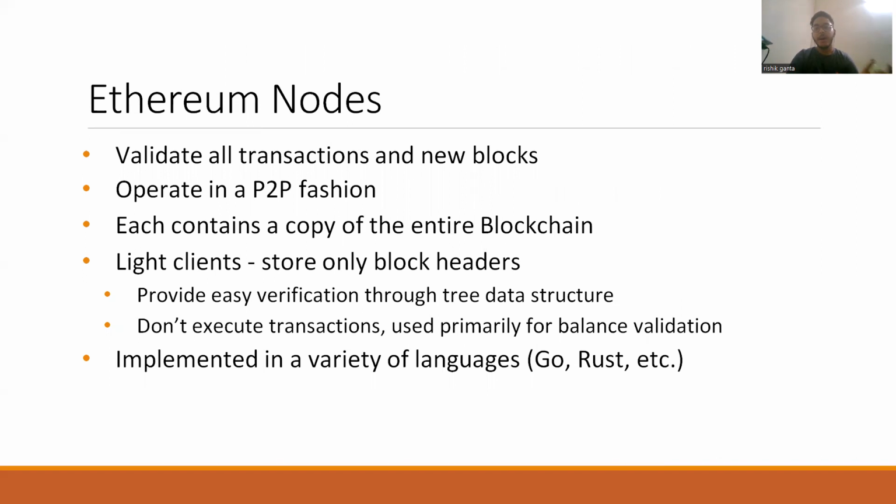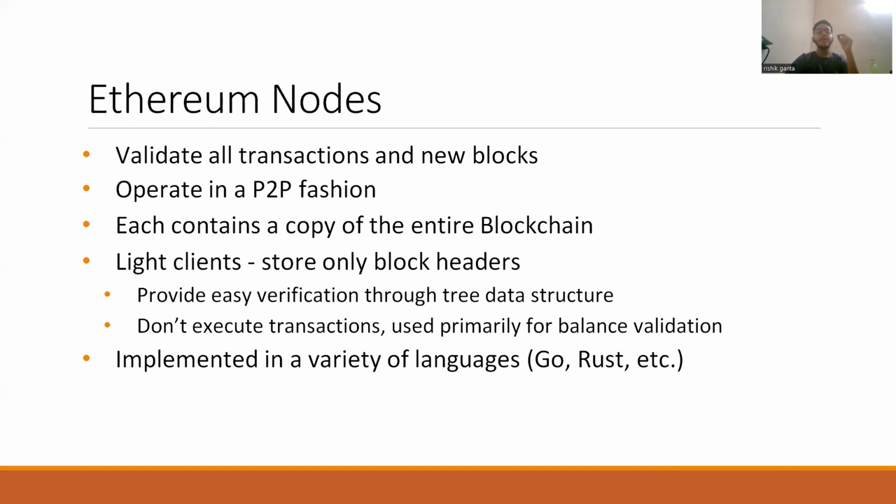Ethereum nodes. A node in Ethereum will validate all the transactions and new blocks in the blockchain. They operate in a peer-to-peer fashion. Each node contains a copy of the entire blockchain. When an Ethereum node is employed as a light client, then it stores only the block headers.